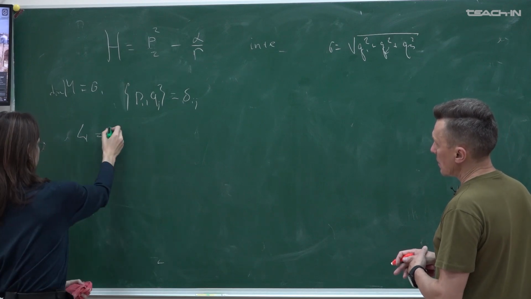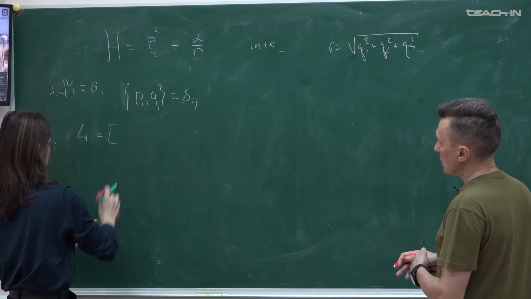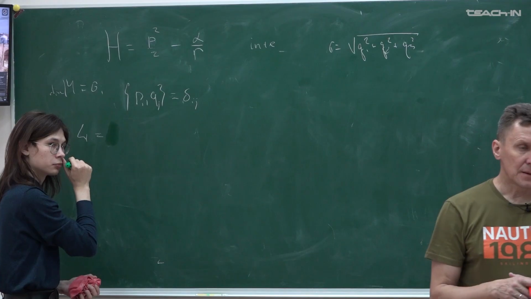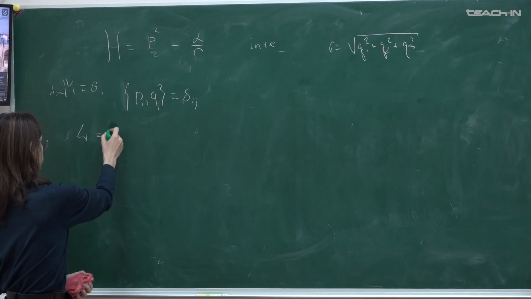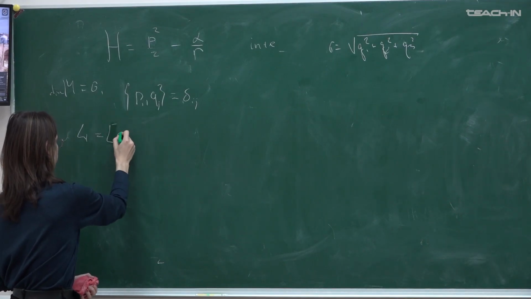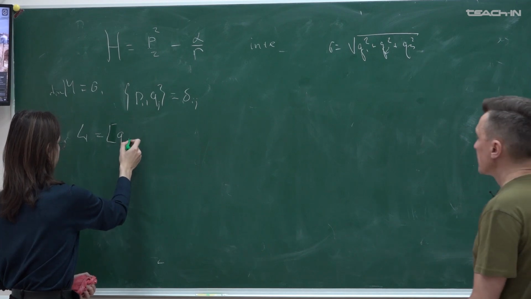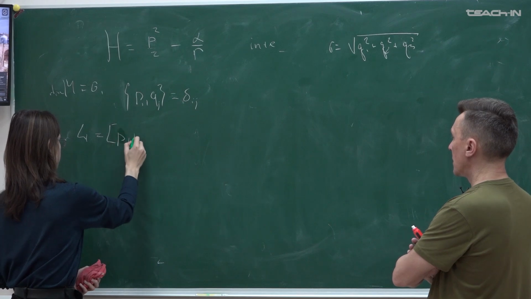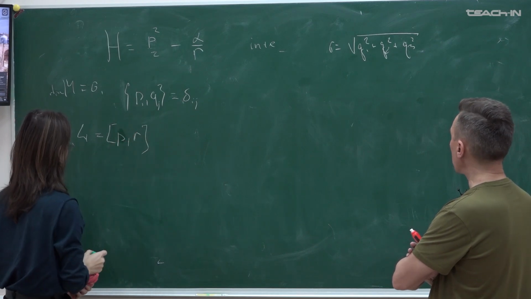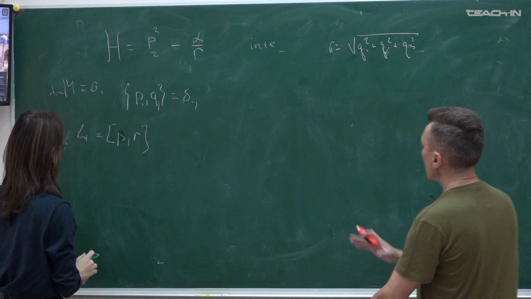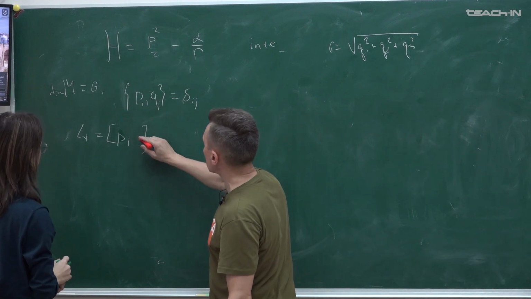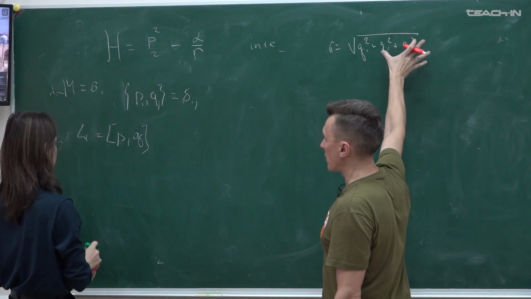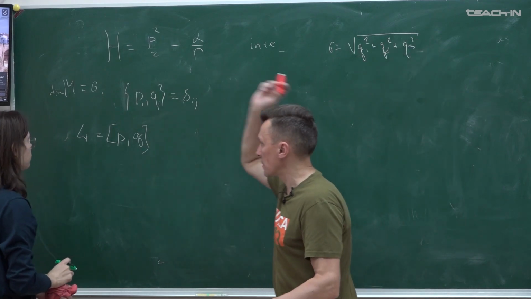I propose to use here Q. R is the length of this vector, and Q is the vector.